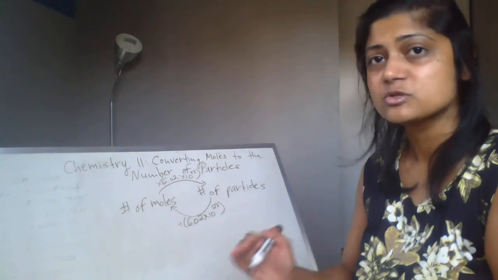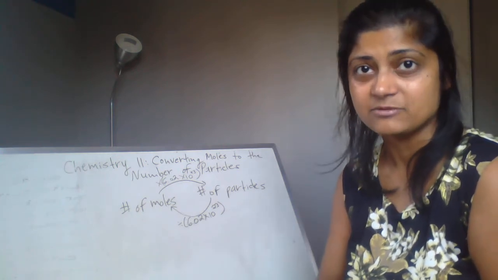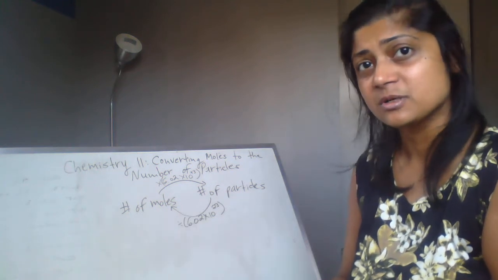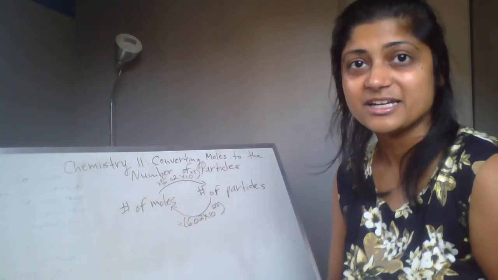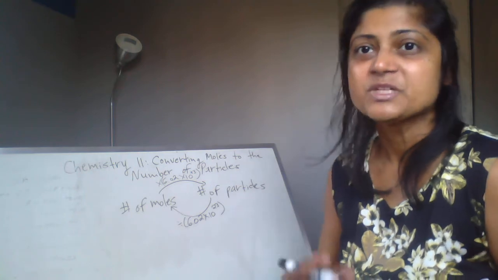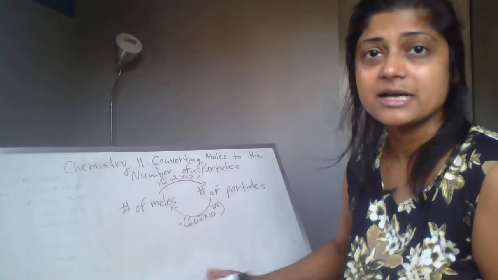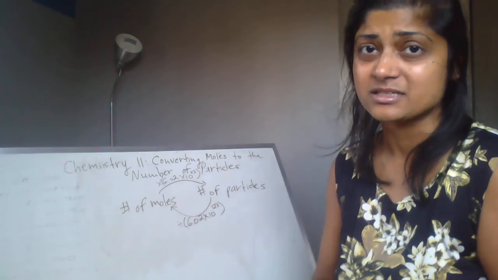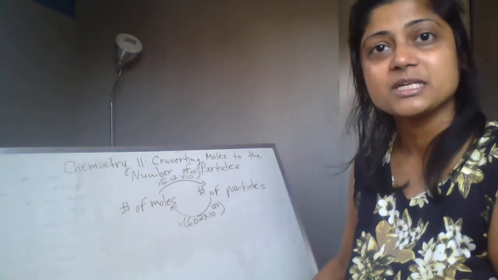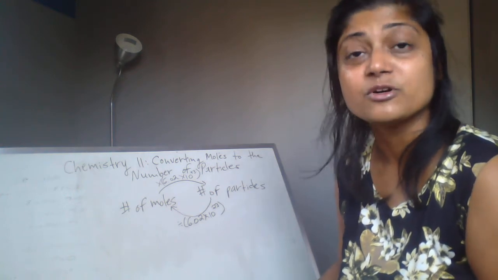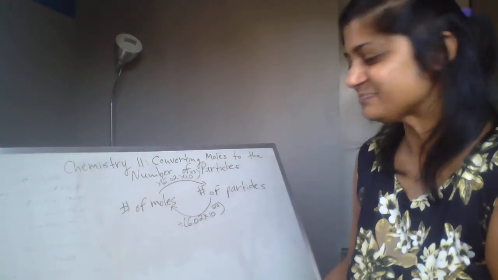From moles to particles, you multiply by Avogadro's constant. From particles back to moles, you divide by Avogadro's constant. Most textbooks have this chart, and I make sure I memorize it because there will be variations of these questions, so we should be able to find the answer for all of them.